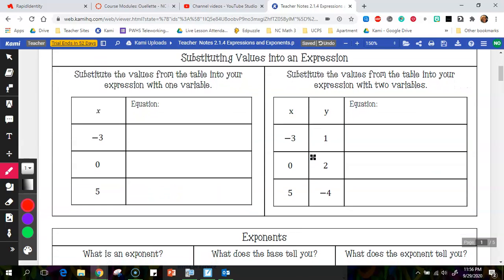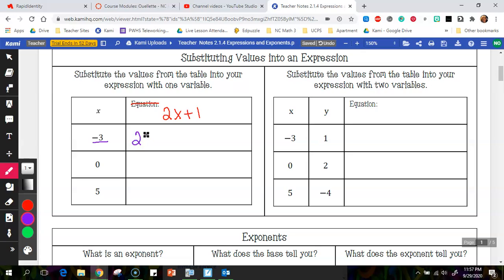Sometimes when we're given an expression, we are given a value for the unknown, and we do what we call plug in or substitute the values. So if our expression is 2x plus 1, and x is -3, we're going to plug in the -3 for the x.